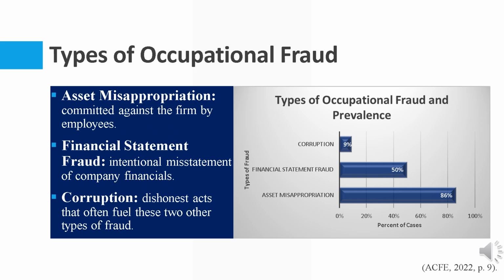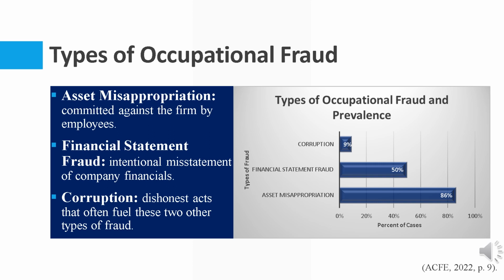There are three types of occupational fraud: asset misappropriation, financial statement fraud, and corruption. So we'll see that asset misappropriation is fraud committed by the employees against the firm, whereas financial statement fraud is fraud committed on behalf of the firm by the employees, and corruption is dishonest acts that often fuel these two other types of fraud.